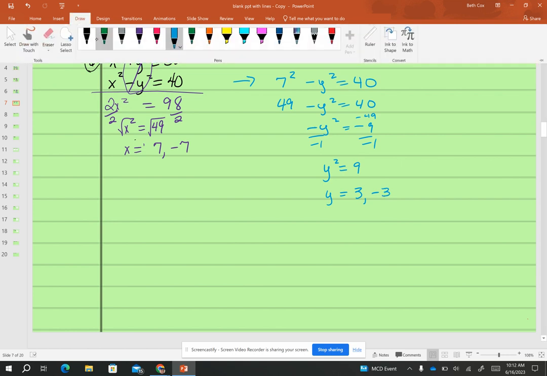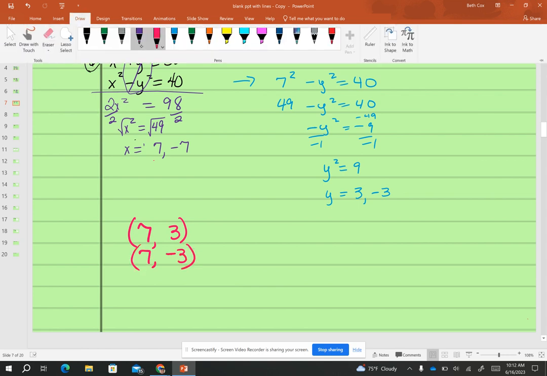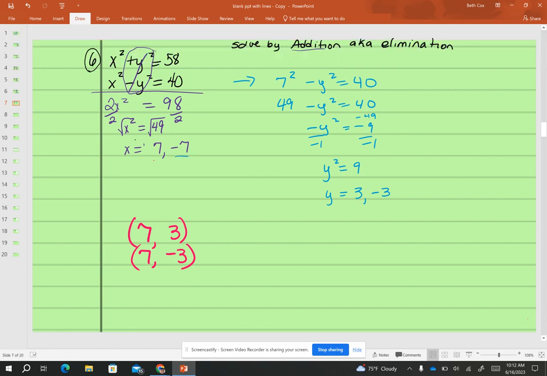Okay, so now let's look at the answers here. When x is 7, I plugged it in and I got two numbers. I got 3, and I got negative 3. So there are two answers from this situation. Let's plug in the negative 7. So now I'm going to plug in negative 7 squared minus y squared equals 40. I am going to get exactly the same thing.